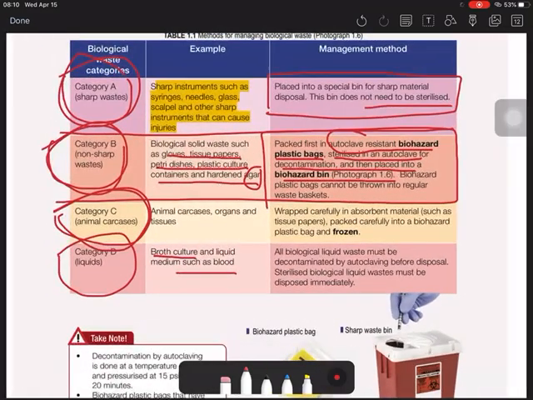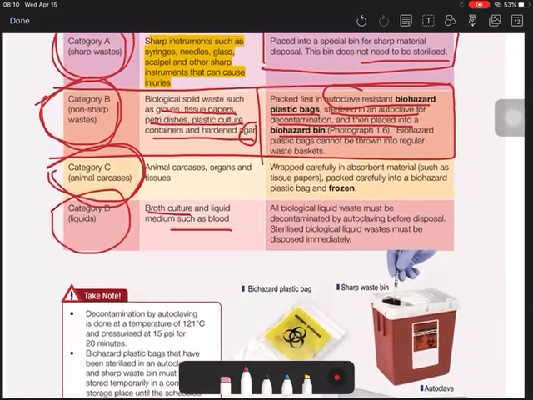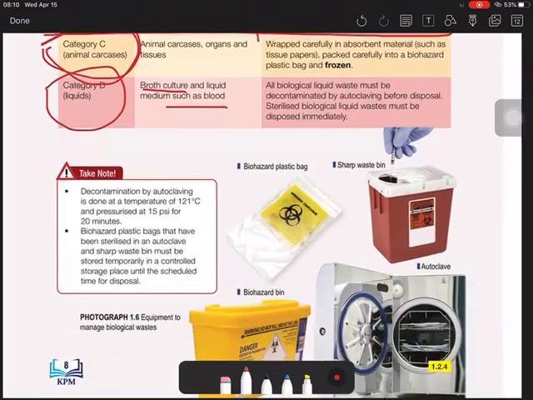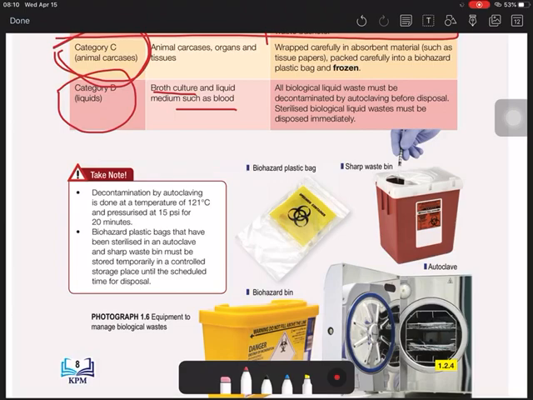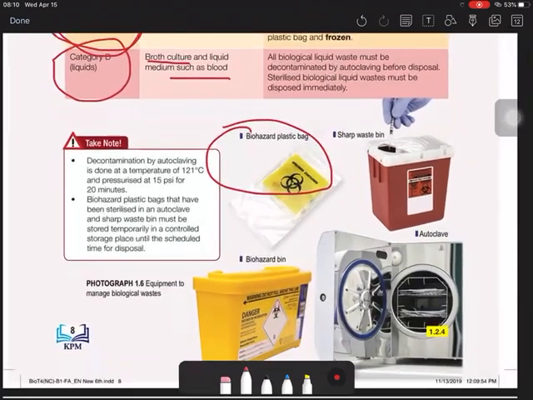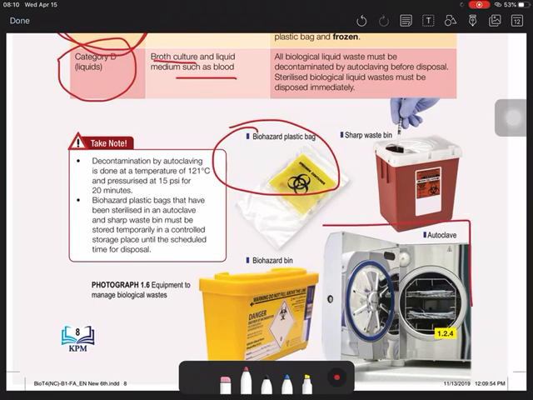I'm going to show you the pictures right here. They are packed first into autoclave resistant biohazard plastic bags, this one right here, and then sterilized in an autoclave. So this is an autoclave.